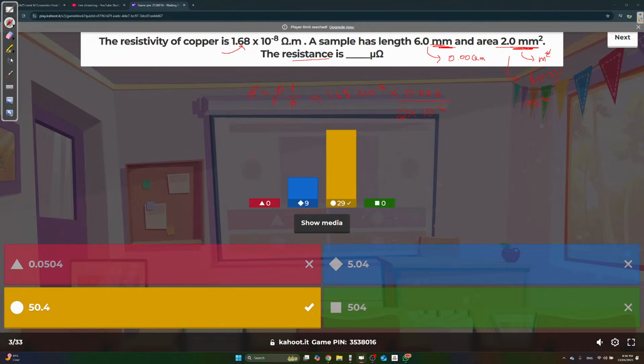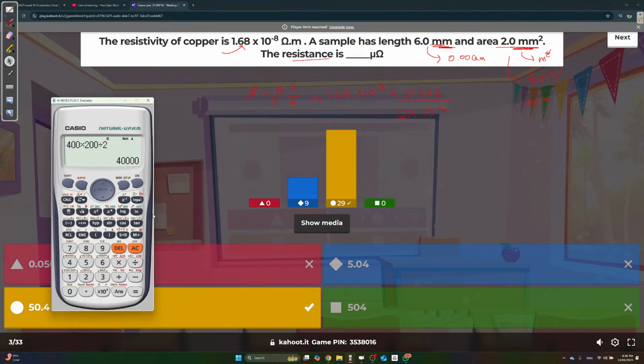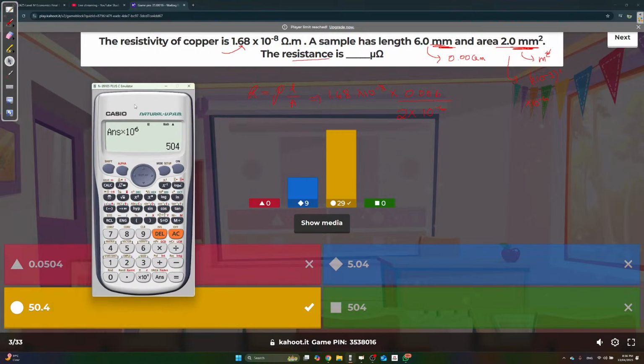When you put this all in a calculator, 1.68 times 10 to the minus 8 times 0.006 divided by 2 times 10 to the minus 6, you're gonna get this. But what are they asking it for? In micro ohms. Okay, in micro. So you multiply by how much? 10 to the power of 6. And you're gonna get, oh, why is it 504? Did I forget a zero?